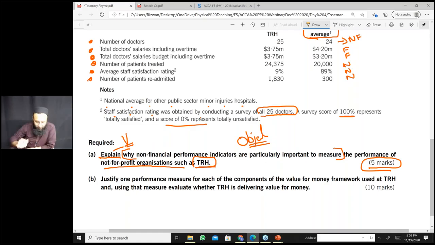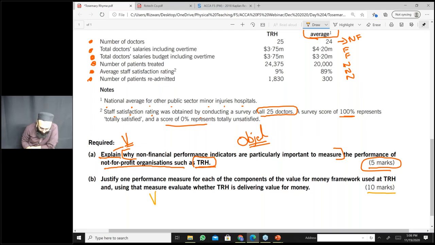For 10 marks, how will we split this, and how many verbs are there? Let's figure that out, and you also decide.